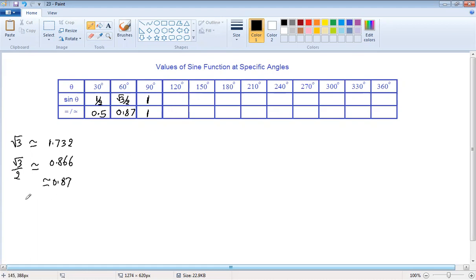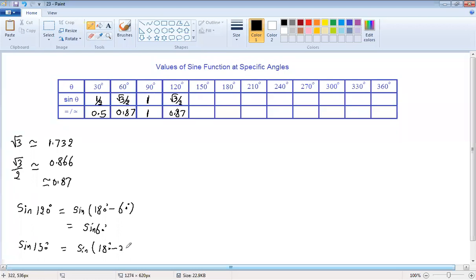Now we have to find sine 120 degree. Sine of 120 degree, root 3 by 2. It is equal to sine of 180 degree minus 60 degree. So we use the formula of sine 180 minus theta. It is same as sine theta. So sine of 60 degree, again root 3 by 2, which is approximately equal to 0.87. Then sine of 150 degree. 1 by 2, because it is sine of 180 degree minus 30.